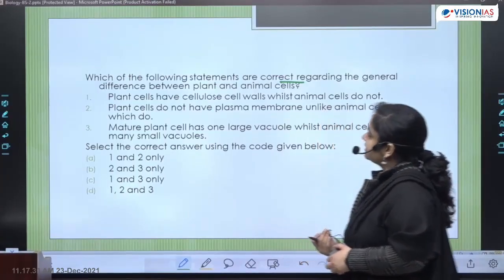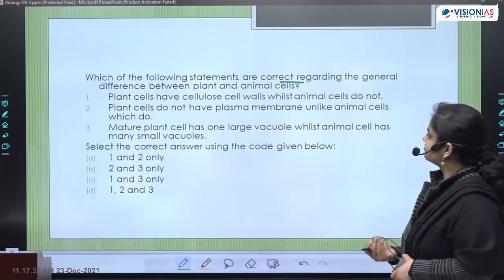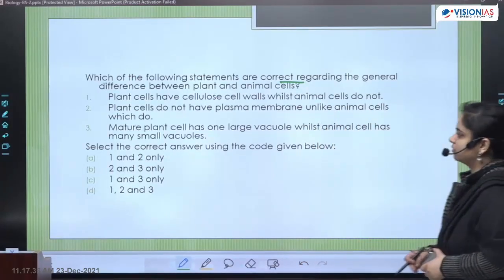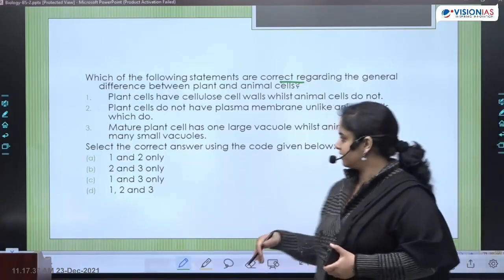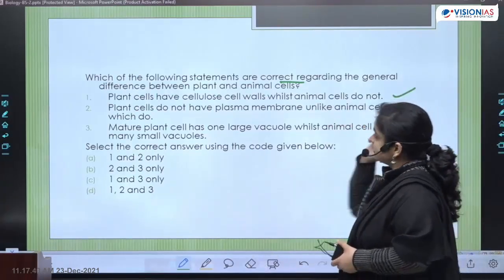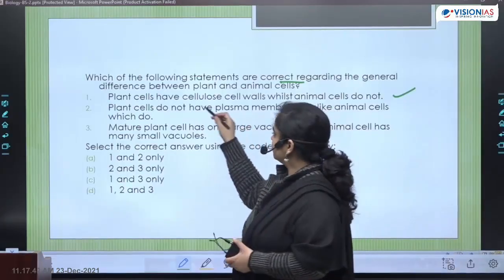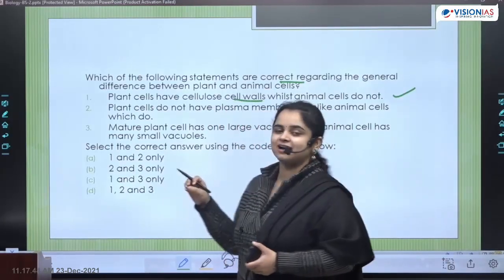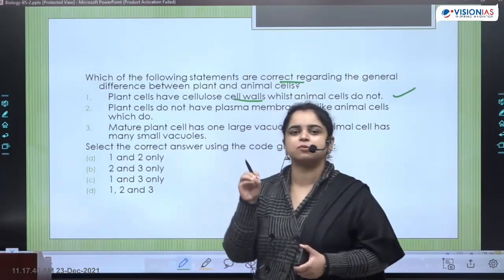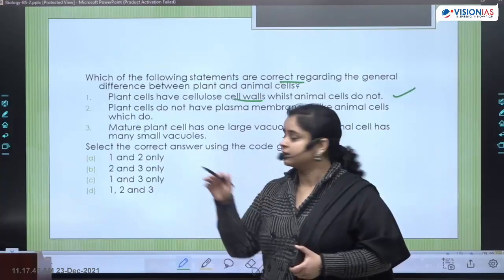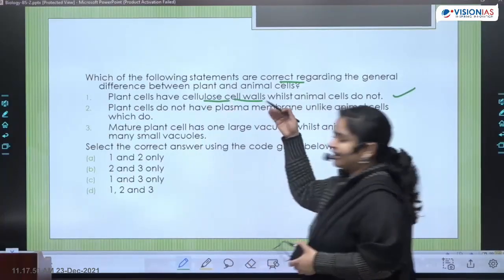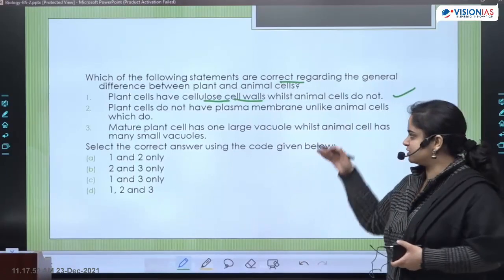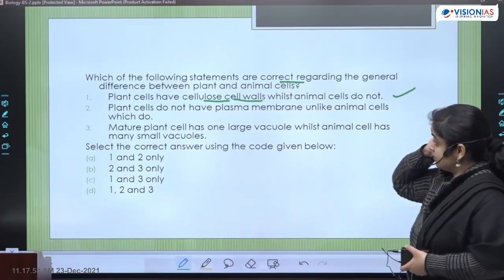So plant cells have cellulose cell walls whilst animal cells do not. Is this correct? Yes, this is correct. Now see, analyze the question also. Not only have they asked if they have cell wall, they've also asked what the cell wall is made up of, right? So that is the level which they want you to be at.